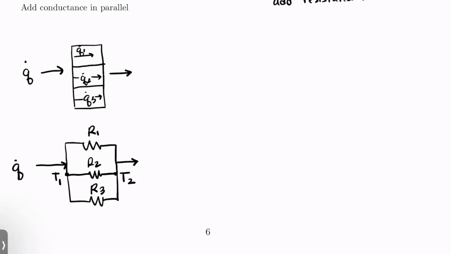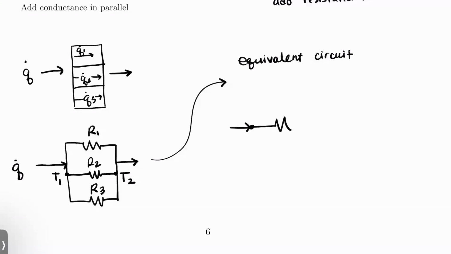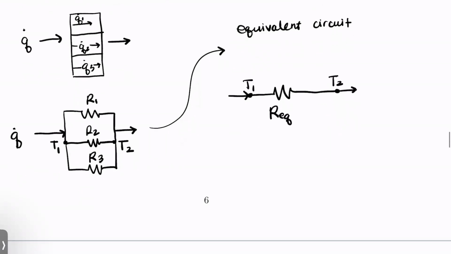All right, so our equivalent circuit looks like the following. We're again going to have our two nodes with one resistor in between. So we have T1 and T2 here, and this is our equivalent resistance.